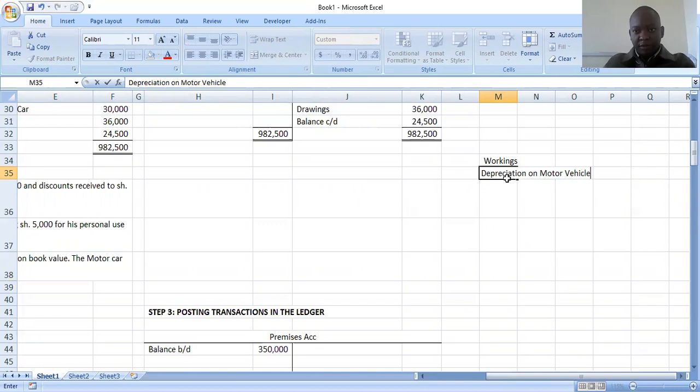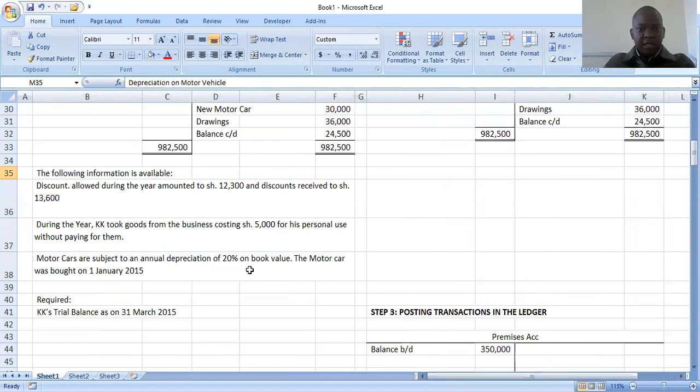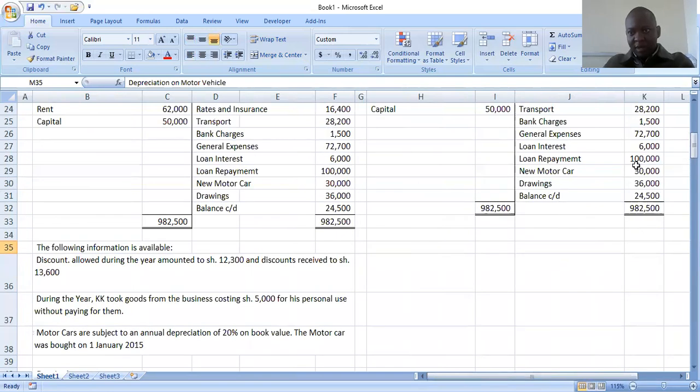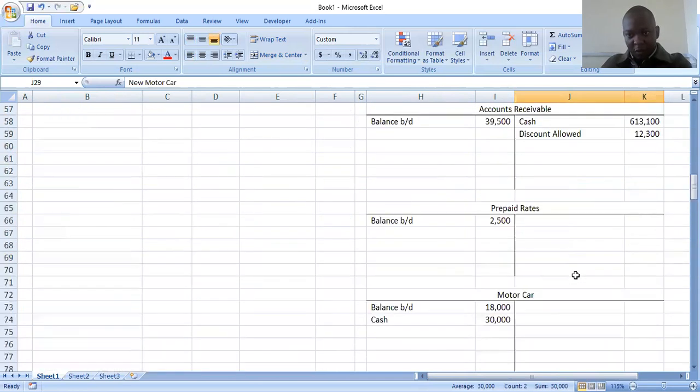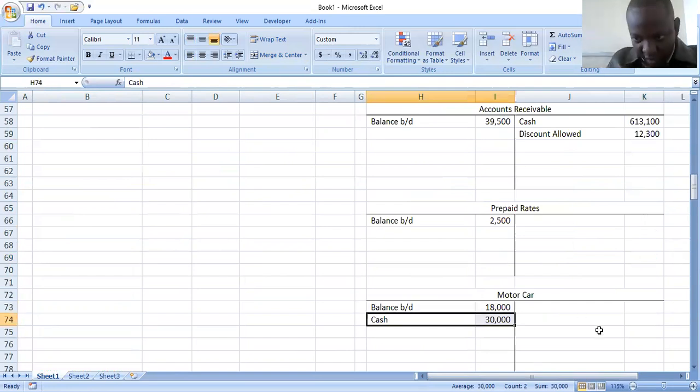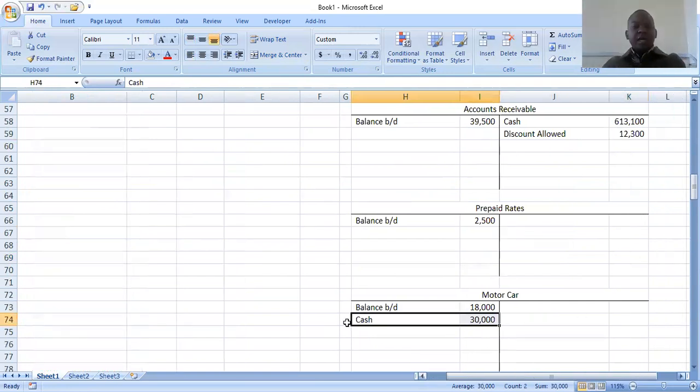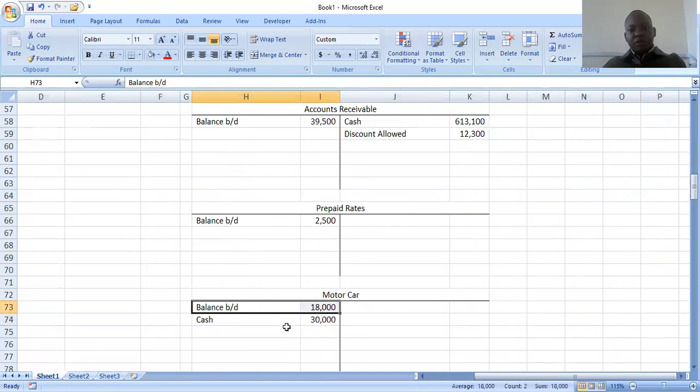In this case, we have been told a motor vehicle was purchased during the year. As you can see in the cash summary, a motor vehicle of 30,000 shillings came during the year, and we debited this in the motor car account. At the beginning of the year, we had another motor vehicle with a book value of 18,000 shillings.